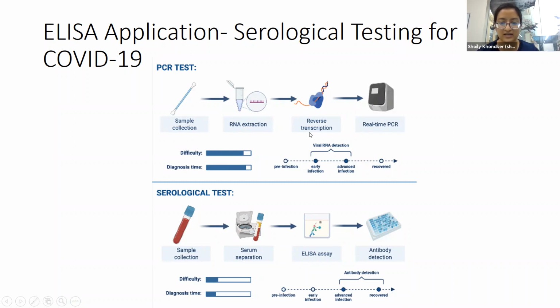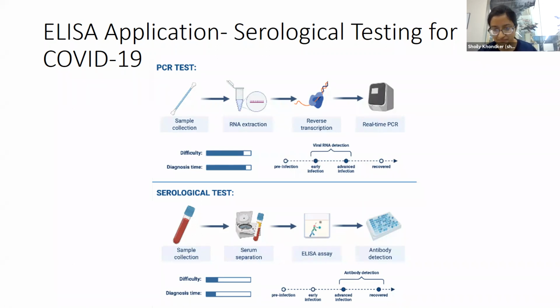And this is used for detecting viral RNA during early and advanced infection. The serological test involves using a blood sample, which is then separated into serum and used in an ELISA assay, and the presence of antibodies against the virus is then detected.